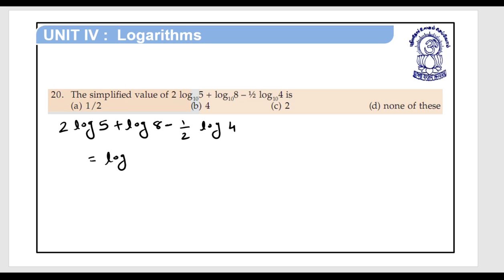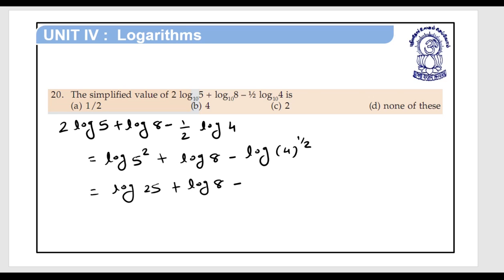So we can write log 5 square plus log 8 minus log 4 raised to 1 by 2, log 25 plus log 8 minus log square root of 4 is 2.